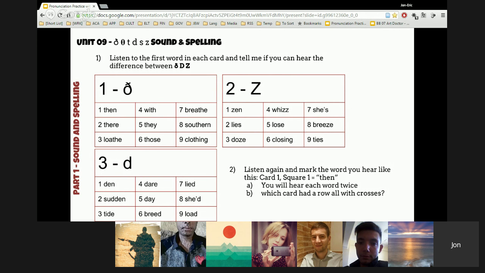There's the bingo. And then I'd say, okay, how do you know it's bingo? Say the words back to me, and you would say? Then, with, breathe. Exactly. Which card? Card 1. Exactly. That's how it works.